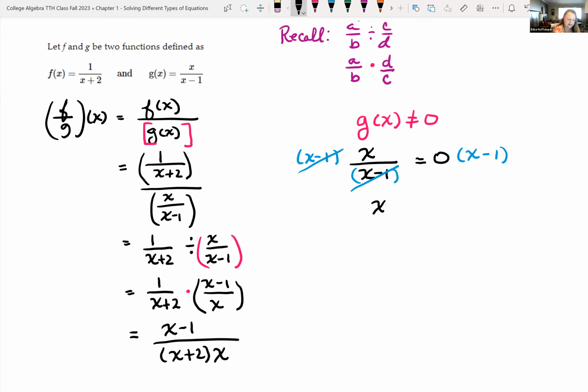We're left with x equals 0 times x minus 1, which is 0. So g of x is equal to 0 when x is 0. So we also have to exclude x equals 0 from the domain.